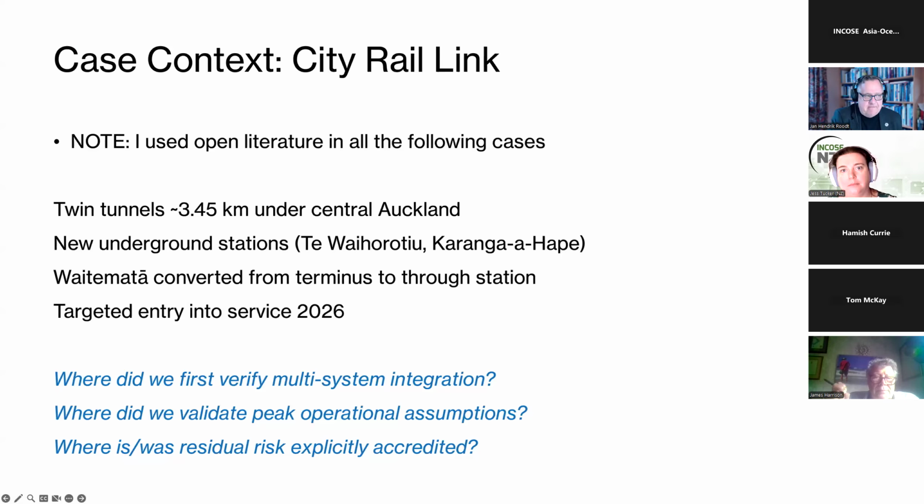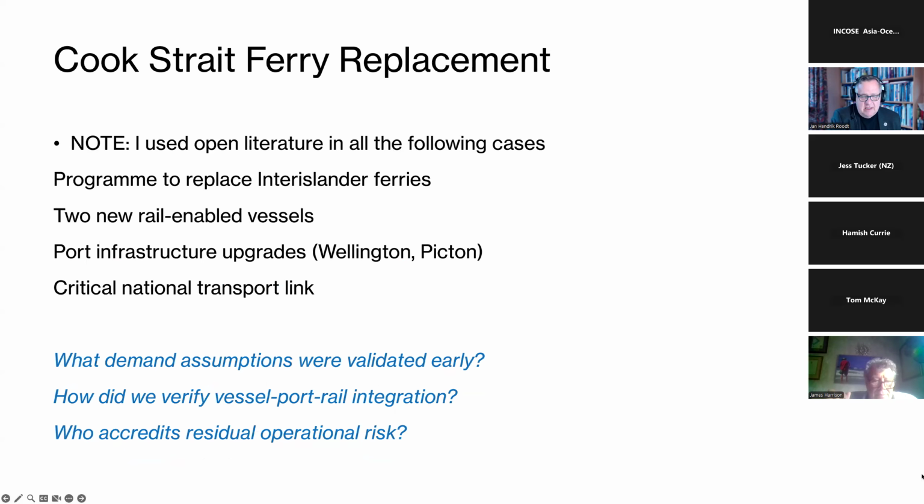So, I'm going to move to the second last slide, which is the ferry replacement. I think the reason I look at this one and the rail link is that this is a very interesting system of systems program, where the integration is not really an event or a simple set of events.